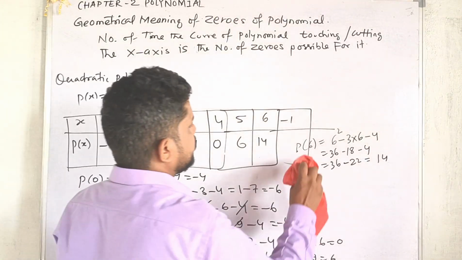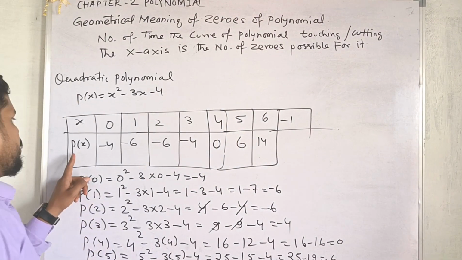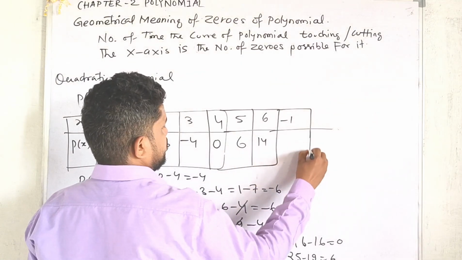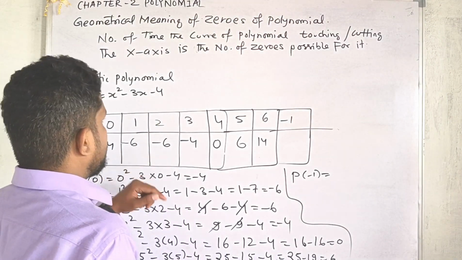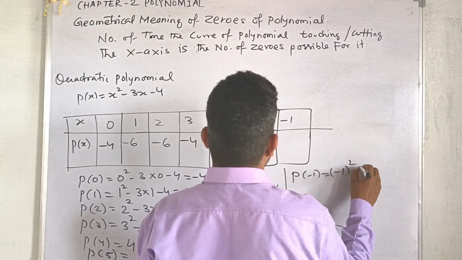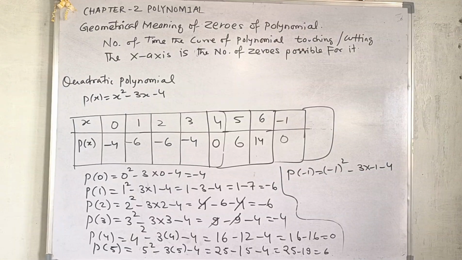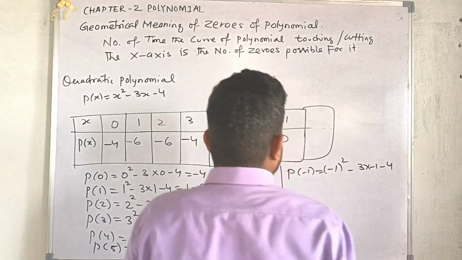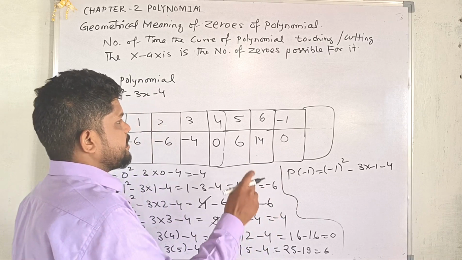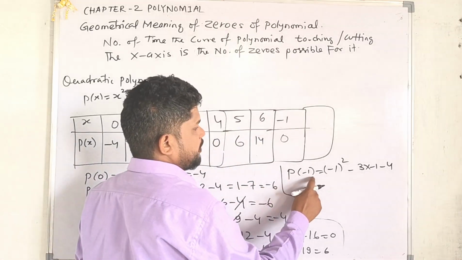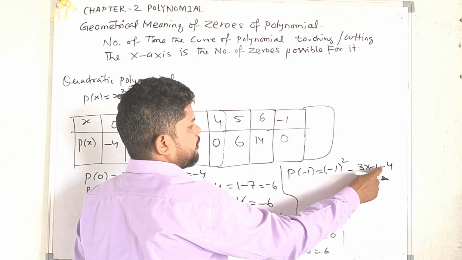For x equals minus 1, we have p of minus 1, which will be minus 1 square minus 3 into minus 1 minus 4.